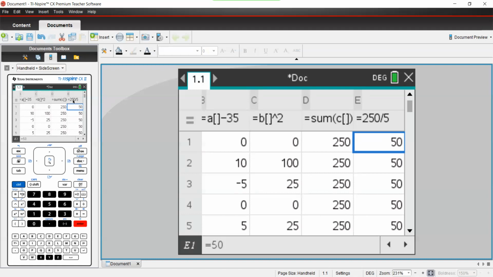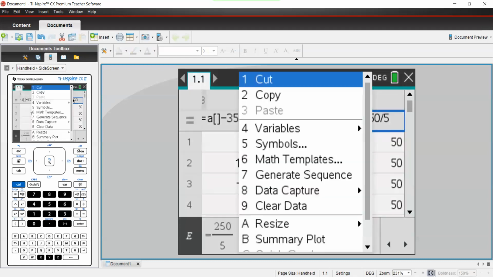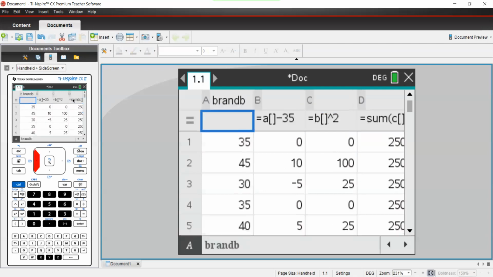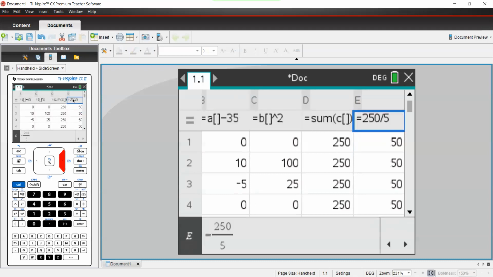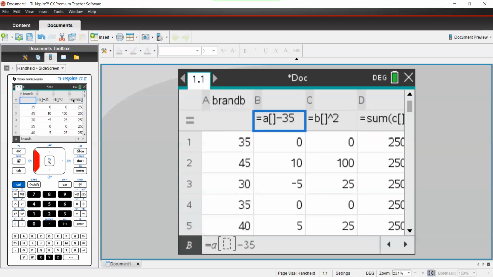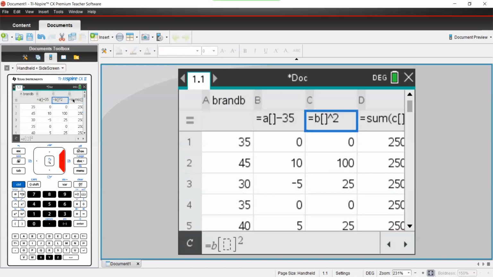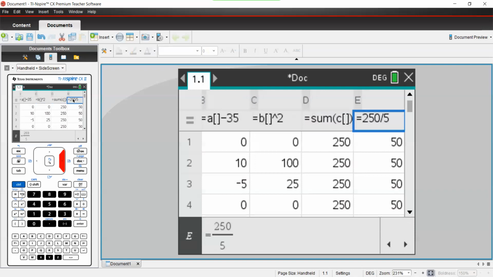I wonder if there's an easier way. I wonder if I could have done it all at once. What if I did it all right here? So if that's the B squared, and then I took the sum, and then we divide it by 5.